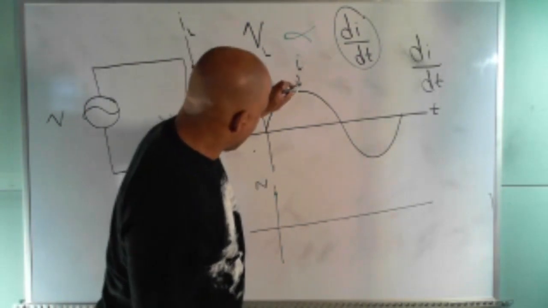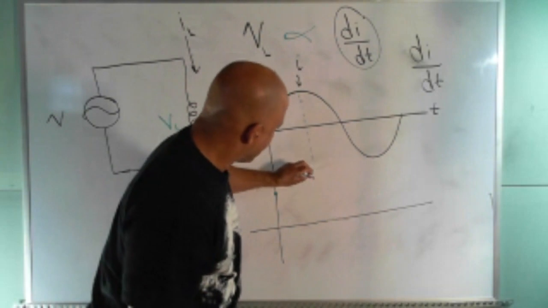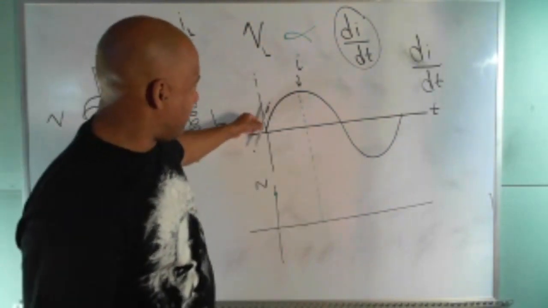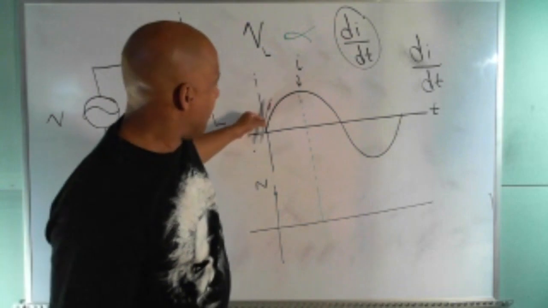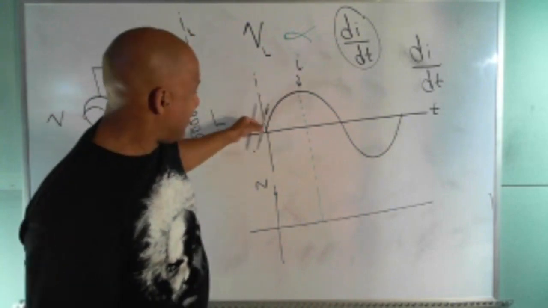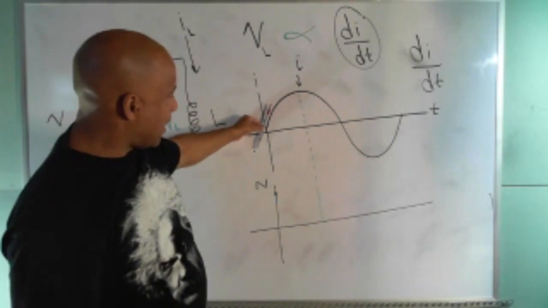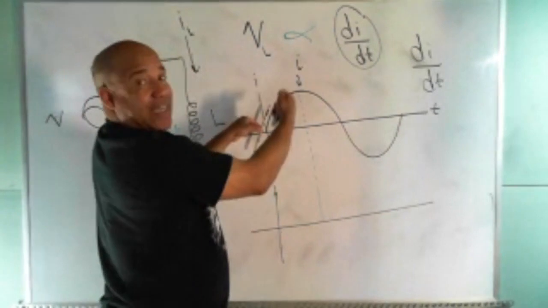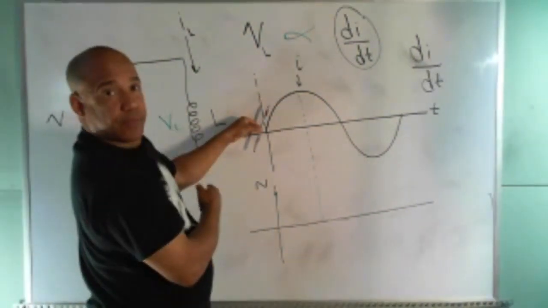Now this point right here, 90 degrees, let's see what happens when I move my tangent line from 0 degrees up to 90. Look at what happens to my tangent line. If I start here, my slope, this value in the circle, this represents di dt, is large.